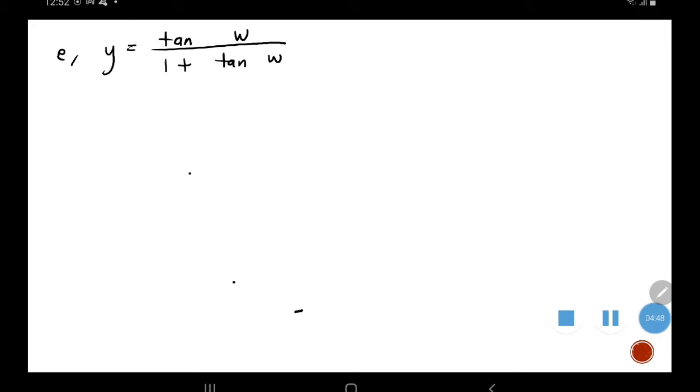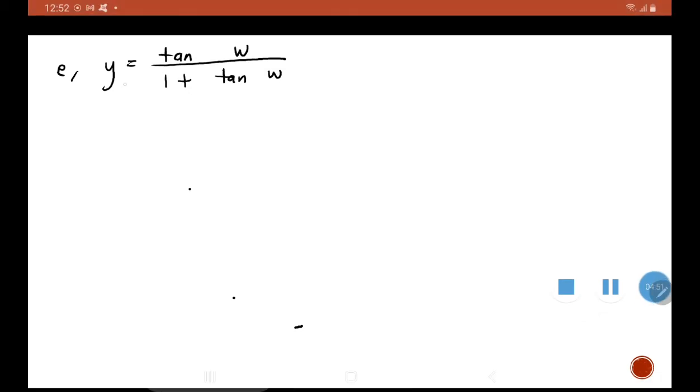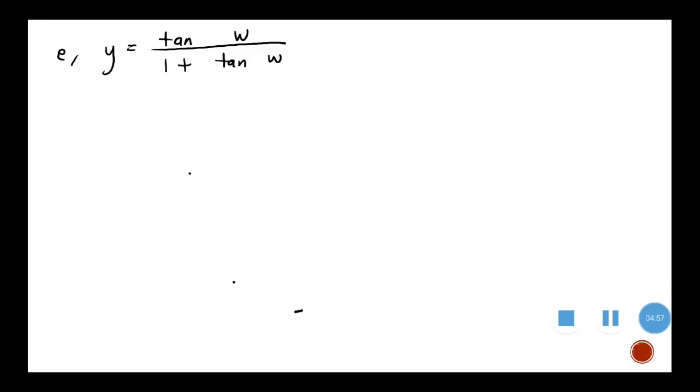Now we are trying to find the dy/dw here. So when you look at this equation, should we use the product rule?